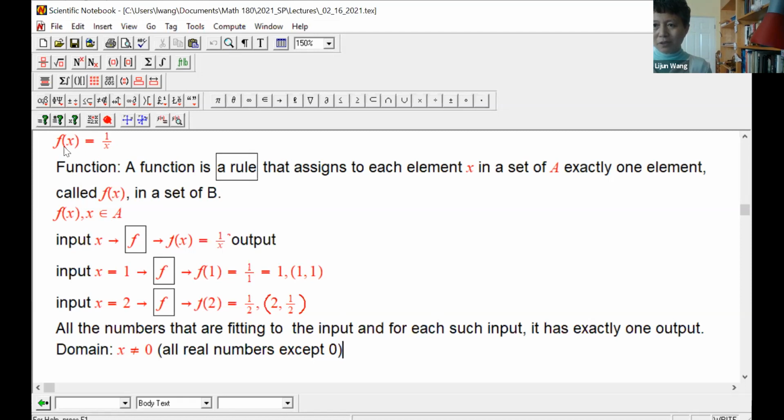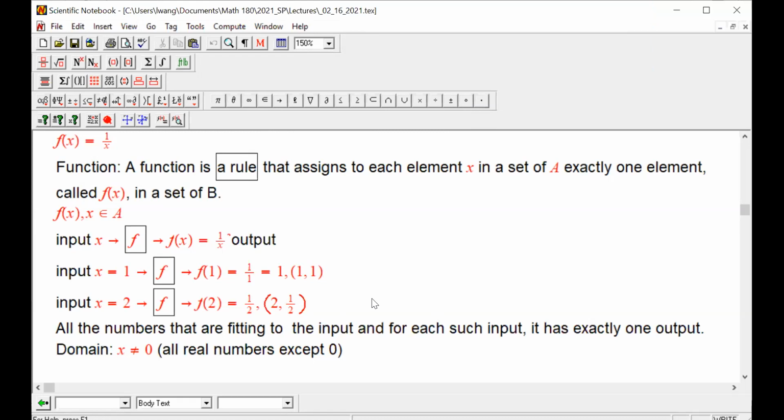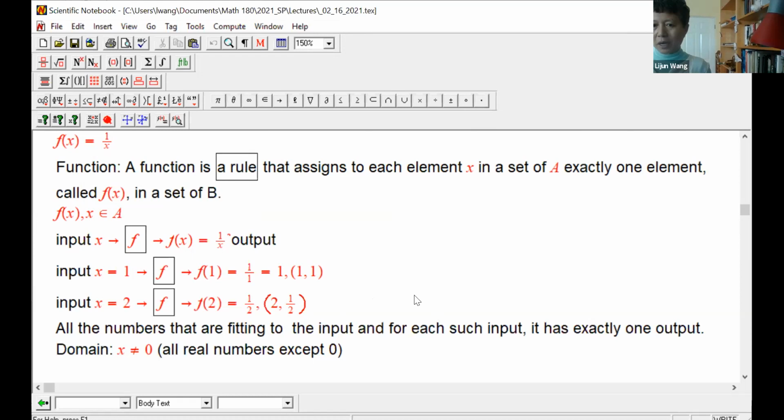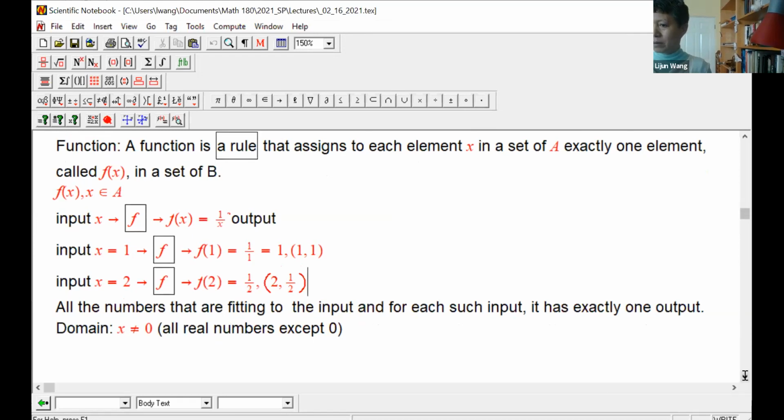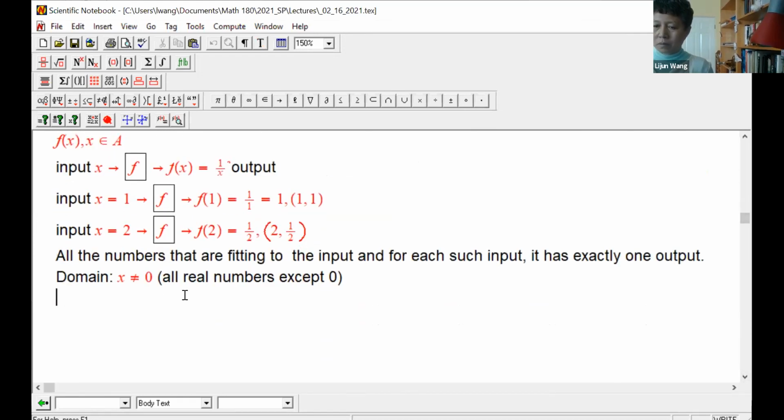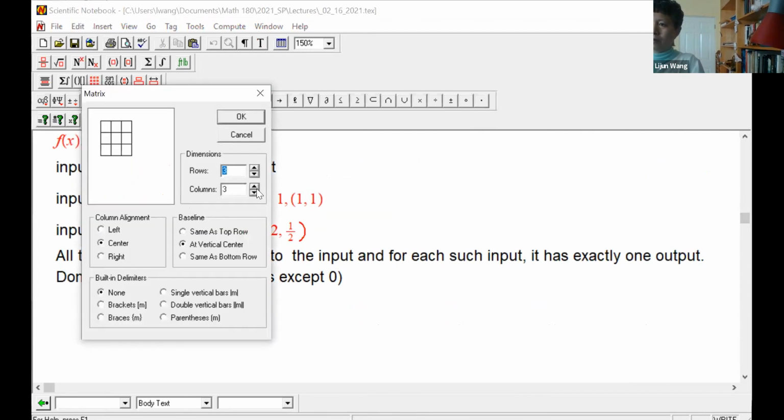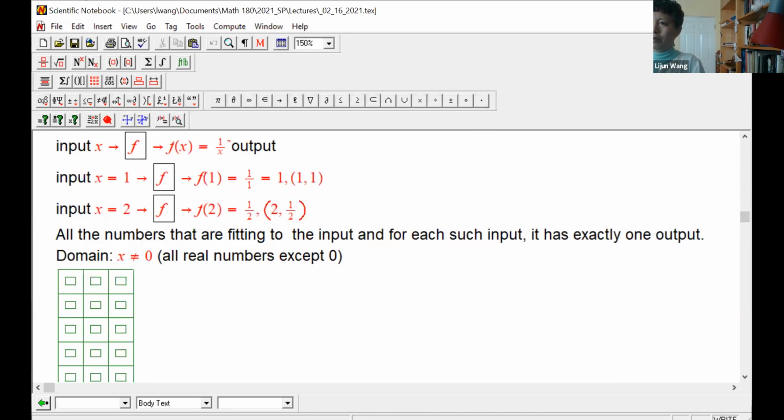Can you guys graph this curve? Please graph this curve.